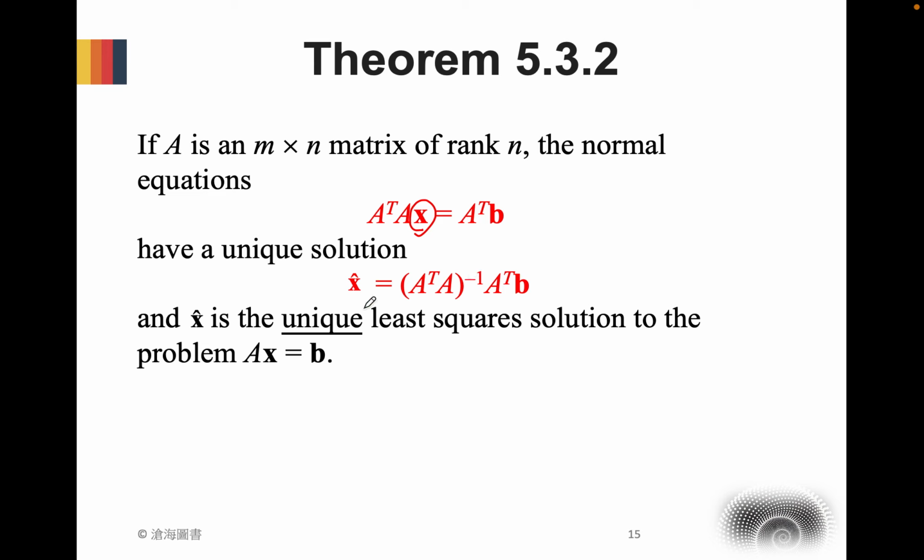This is the unique least square solution to the linear system. Okay, so basically when you want to solve the least square solution, you just write down this formula, then you can find the least square solution.